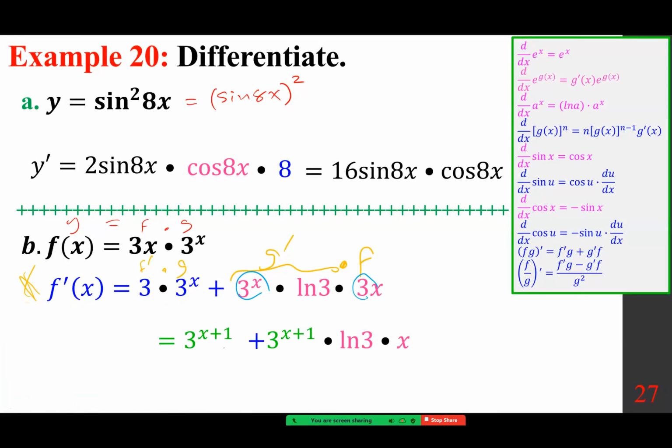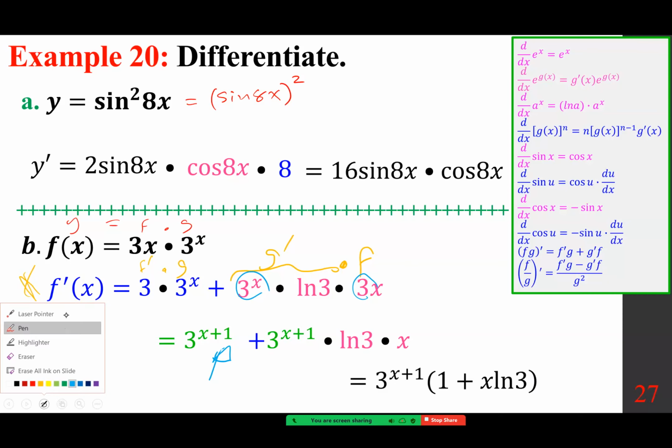Therefore, this is in common. And what remains from the first one is 1, and from the second one is x ln 3, and we are done. So this is the way you factor. I want to make sure that you understood the factoring. This is in common, so 1 plus whatever is left. ln 3 times x, normally we write it as x ln 3 because I don't want anybody to be under the assumption this is ln of 3x.